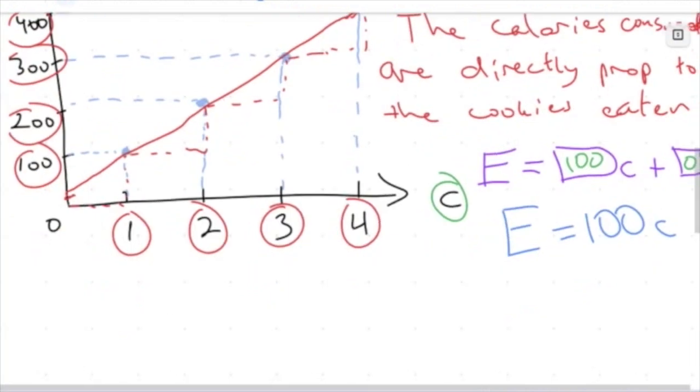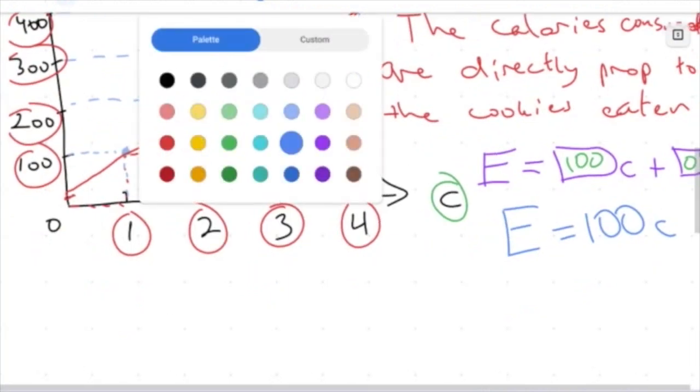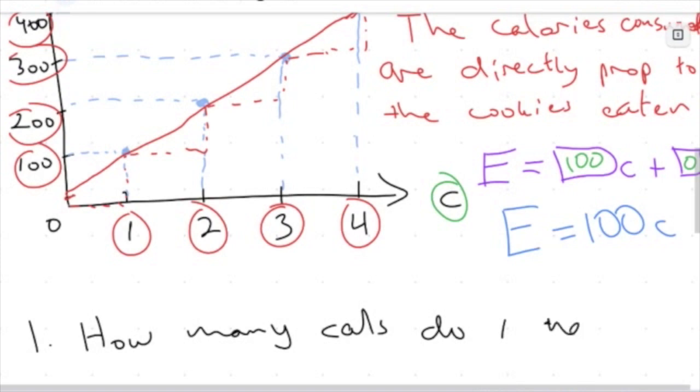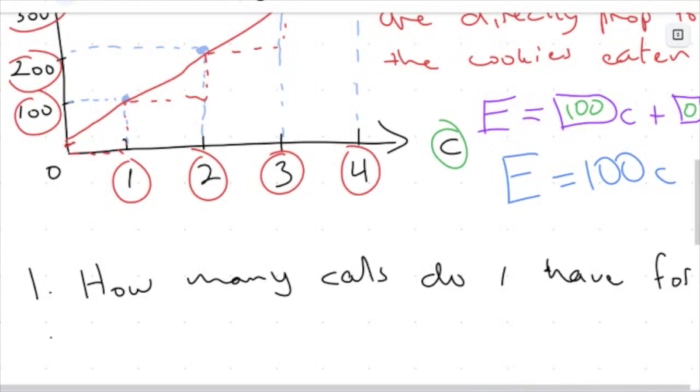So I can now substitute anything I want for E or for C. So if I wanted to answer some questions, let's say one, how many calories do I have for, let's say, 8 cookies?